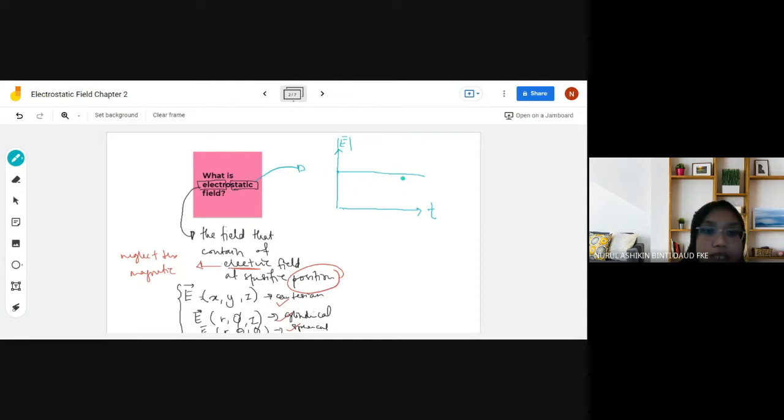Since there will be no changes with time, d over dt can be cancelled. So we can say that the electric field now is independent of time.